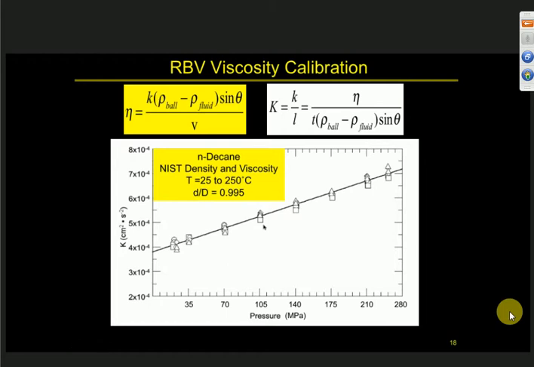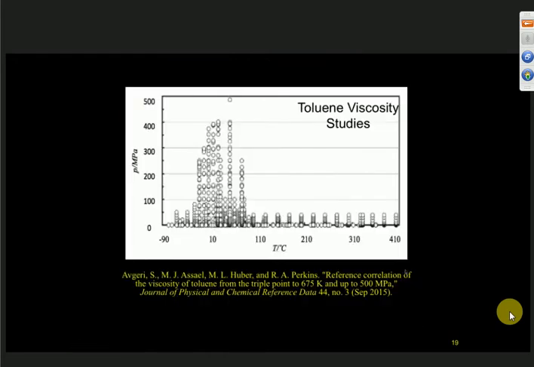Then, knowing this K, for a fluid of unknown viscosity you measure the roll time again and calculate the viscosity. That's what we do. We took a simple system like toluene, and this is a literature diagram showing pressure on the y-axis and temperature on the x-axis.